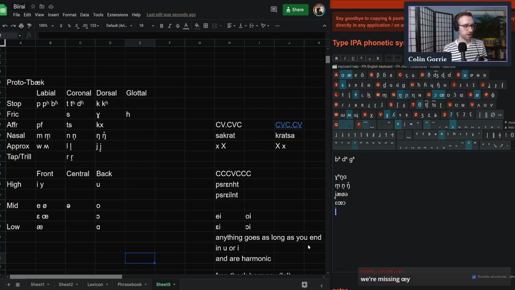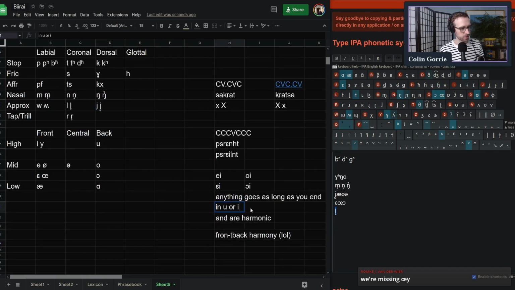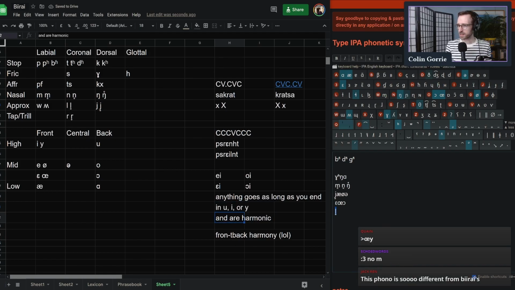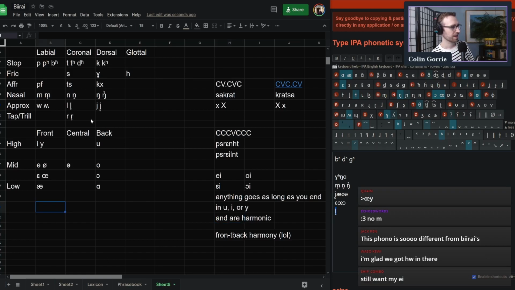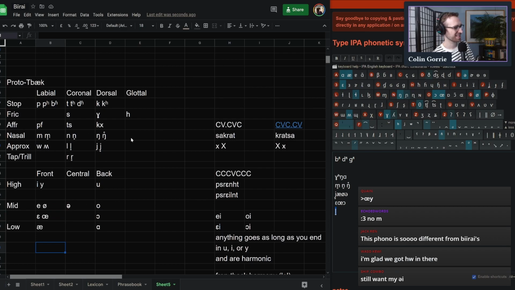Oh, yeah. Okay. So U, E, or E. All right. So this is going to be very different from Biirai. Yeah, Jack. This is very different from Biirai's phonology. So how are we going to get between them? Let's keep Proto-Tbæk up here.